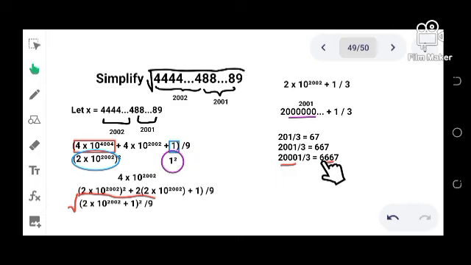So that means since this has 2001 zeros, then we have an answer consisting of 2001 6s followed by the last digit, which is 7. So therefore, this number, when we simplify by extracting the square root, is just equal to a number containing 2001 sixes and a ones digit of 7. And the problem is solved, and this is now our answer.